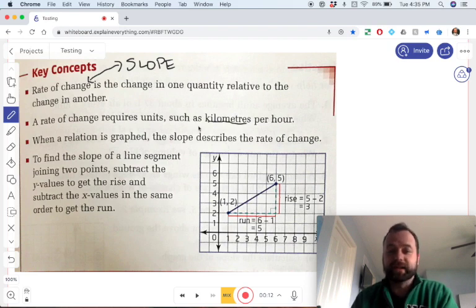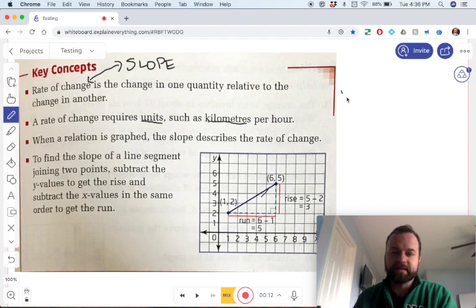Today we did things like liters per kilometer or kilometers per minute. We always need to include units when we're talking about a rate of change. If we're just graphing two pieces of information like this picture here, we don't necessarily need to use units. If we're just graphing pure numbers, the units don't matter. What matters is that we can calculate the rise and the run between these 2 points.